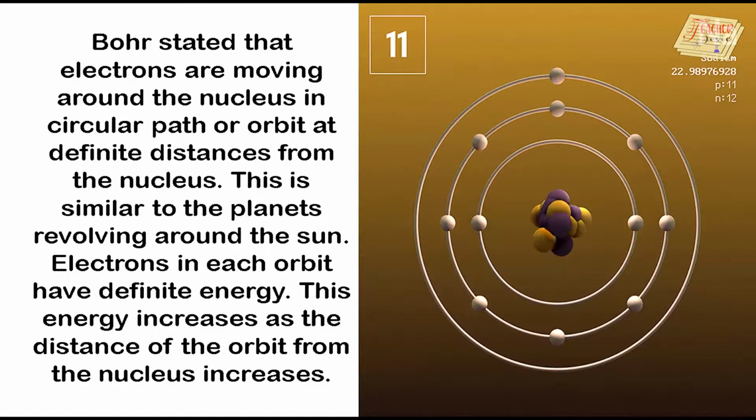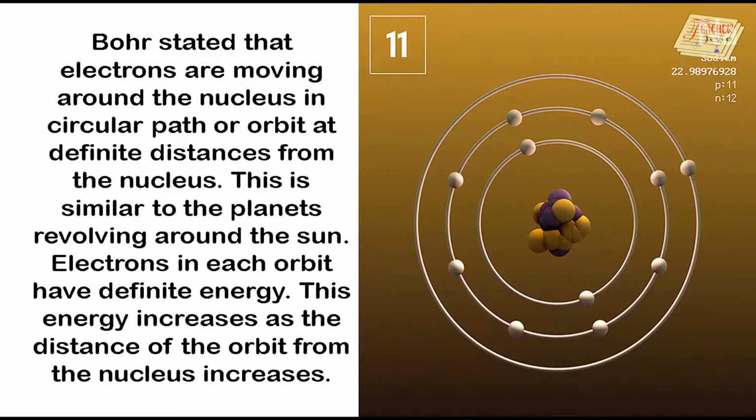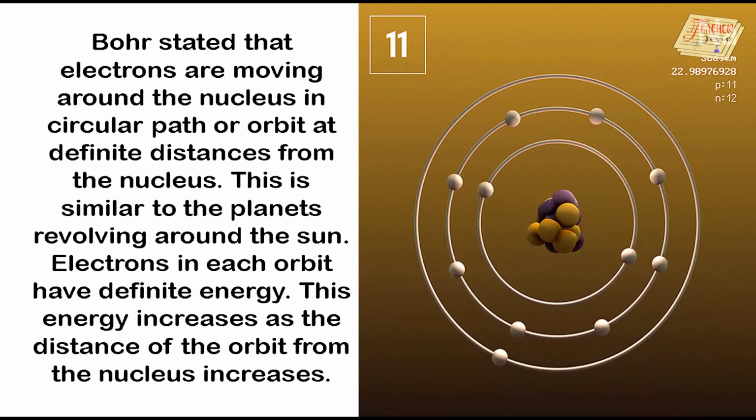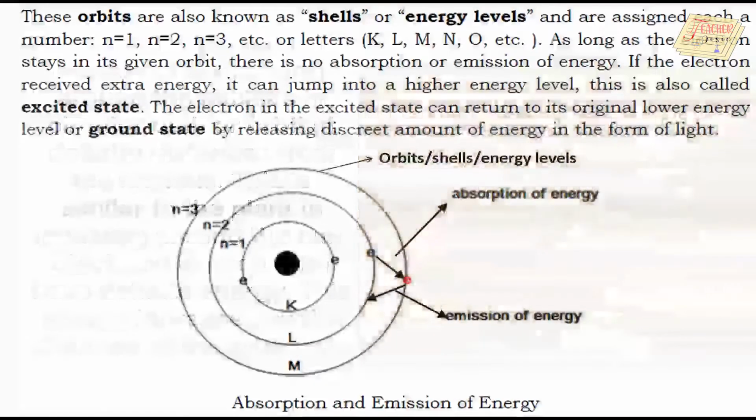Electrons in each orbit have definite energy. This energy increases as the distance of the orbit from the nucleus increases.